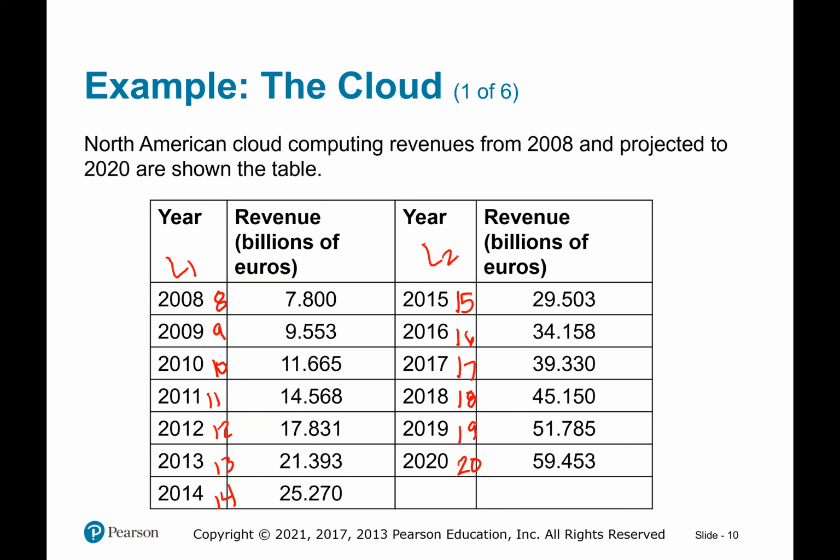Okay, let me walk through it and see if I can figure it out. 45.15. 51.785 and 59.53. Now am I good?